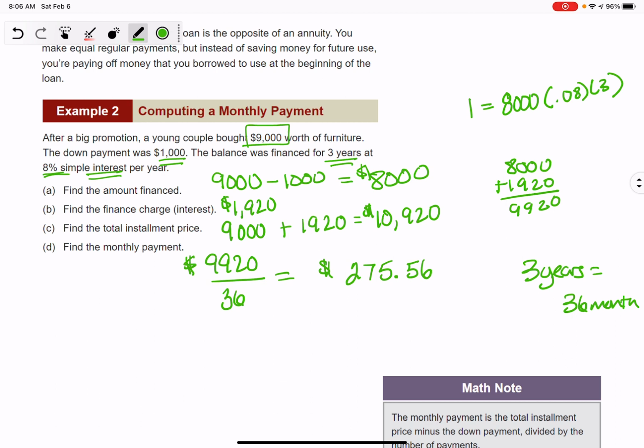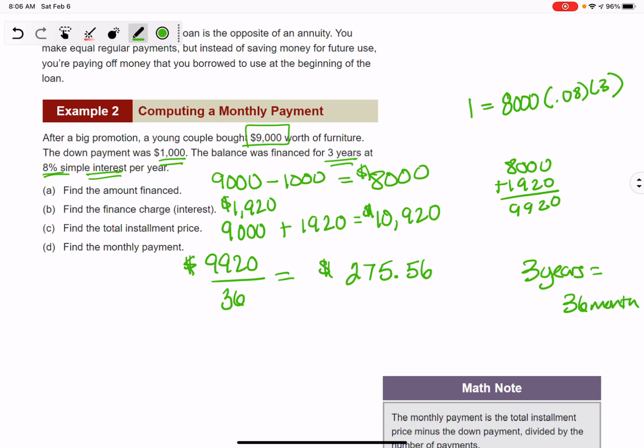Okay, step by step, and also just thinking about it logically. Remember, the total installment is like your future value. That's the cost of the furniture plus your interest. But the monthly payment, she put down the $1,000.